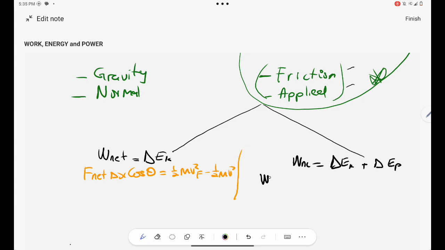So we'll have work done by friction plus work done by applied force, equal to half mv squared final, no, I won't have enough space, so simply say this is EK final minus EK initial plus potential energy final minus potential energy initial.